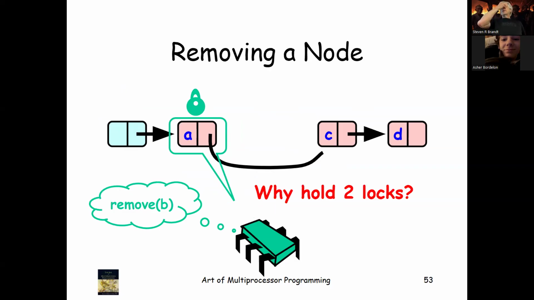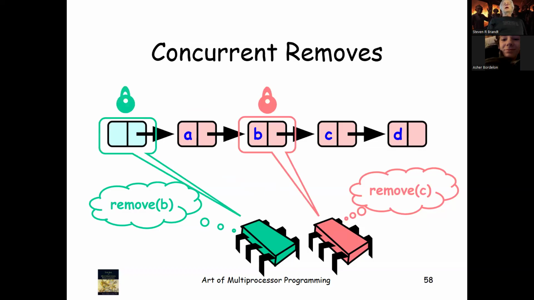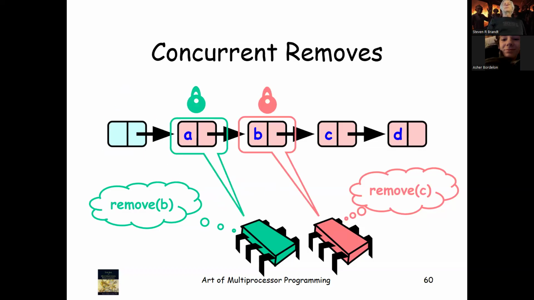So why hold two locks? So let's look at concurrent removes. If we don't use two locks, right? So we go one at a time, we're going to remove C, and this one wants to remove B, right? So B has the lock there, and B is removing C, so it swings B's next pointer over here, which is a perfectly reasonable thing to do because it's holding a lock for the state that it's modifying, right?